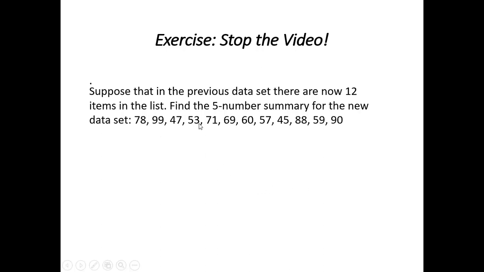Let's say I have 12 values in our list. You can see that this list is not in order, and I believe the new value that was added is 90. So give this a shot. Again, some different things happen when you're calculating the quartiles.